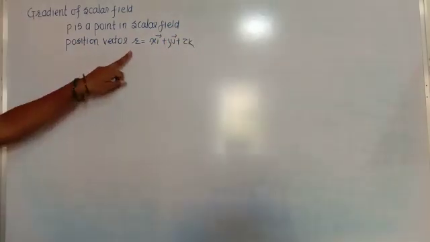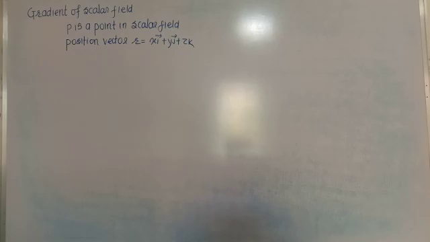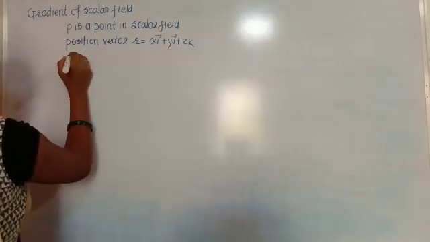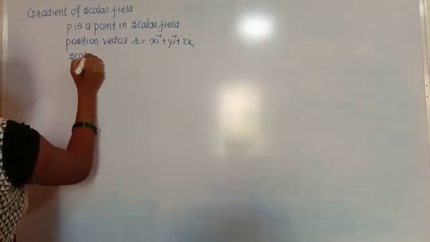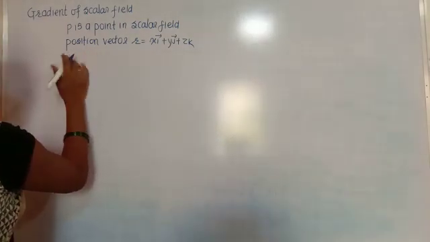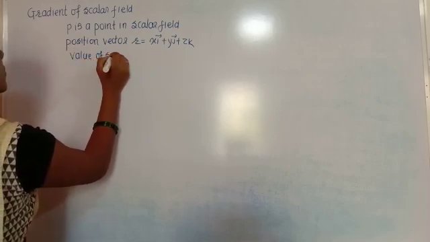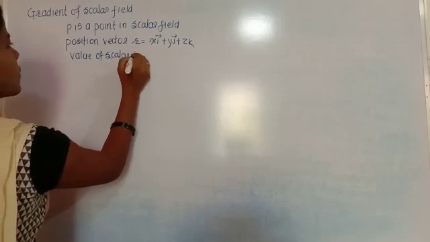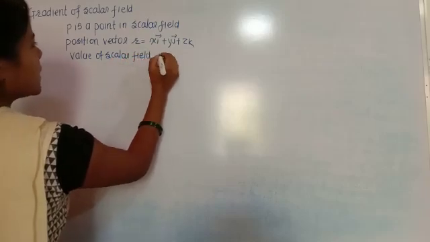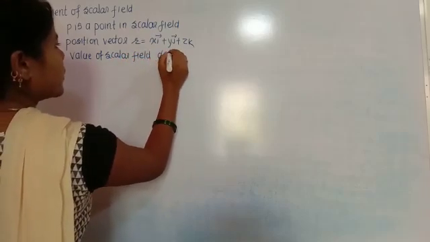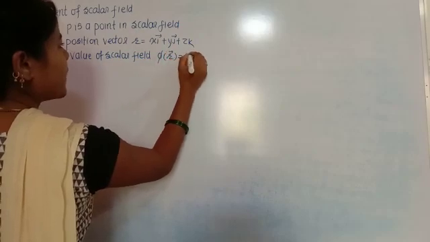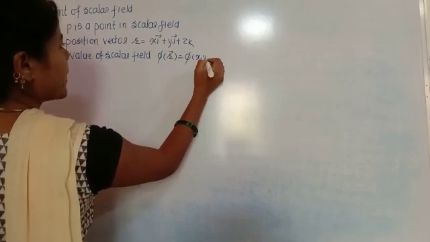This is the position vector r, and according to the definition, let the value of scalar field at the point P, that is phi of r, be equal to phi of x, y, and z.